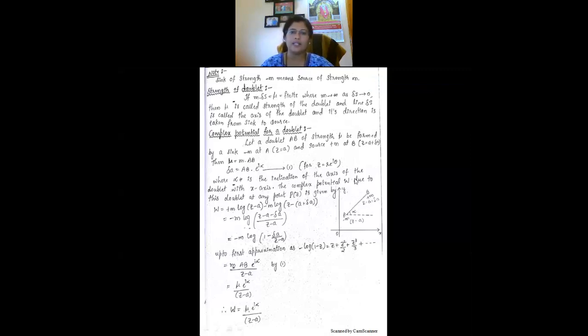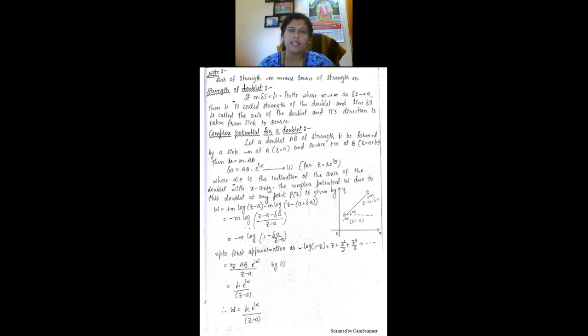Now we have to write the strength of a doublet. The strength of a doublet is mu equal to m into delta s, and here the total doublet is AB, so we write it as AB.